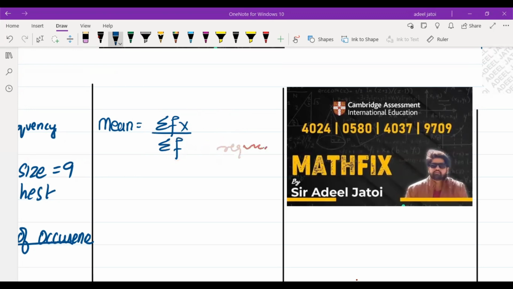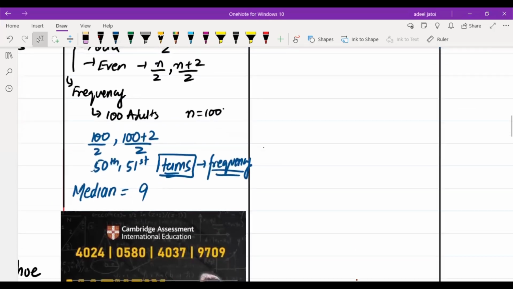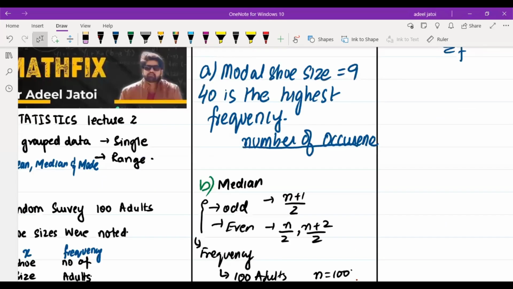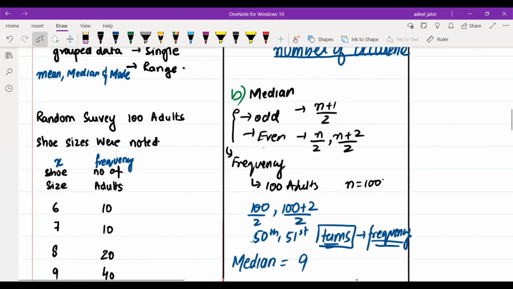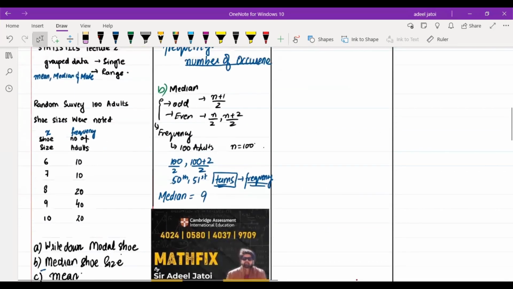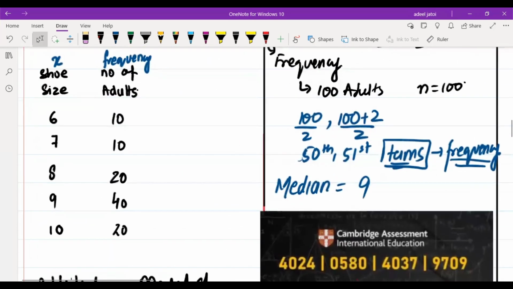So if you just look at the question back here, this was your question. Now we knew that this is your x and this is your f.